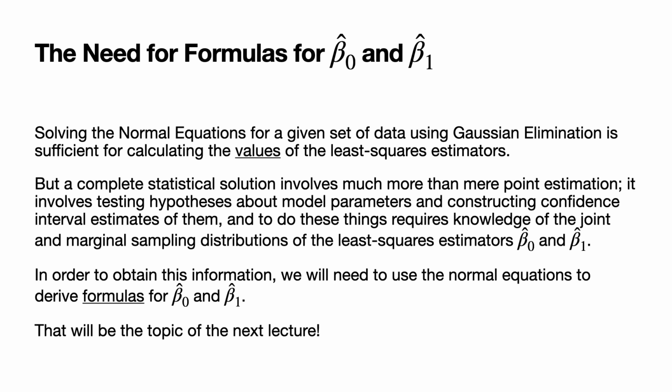And to do these things requires knowledge of the joint and marginal sampling distributions of the least squares estimators beta 0 hat and beta 1 hat. In order to obtain this information, we will need to use the normal equations to derive formulas for beta 0 hat and beta 1 hat. And that will be the topic of the next lecture.